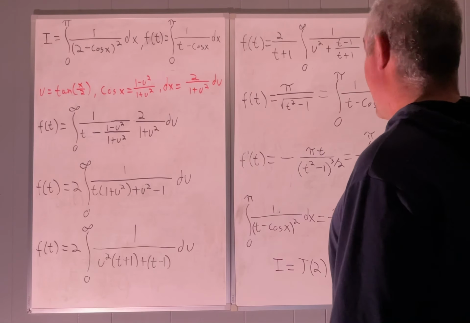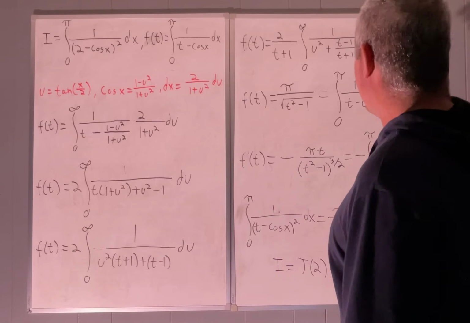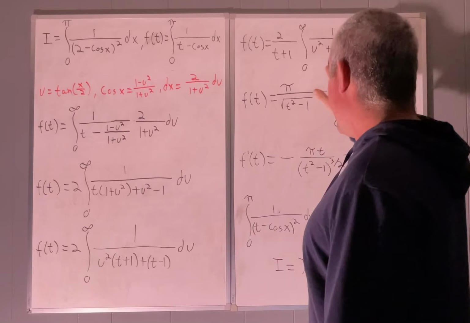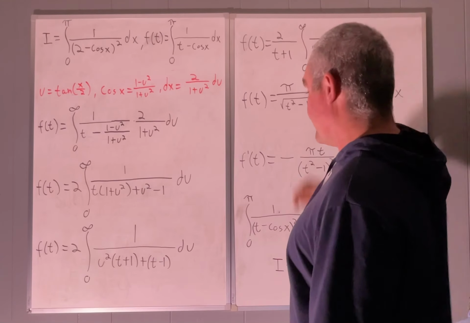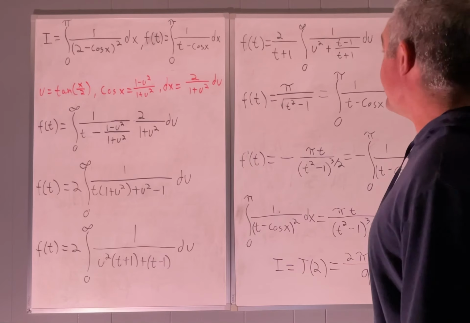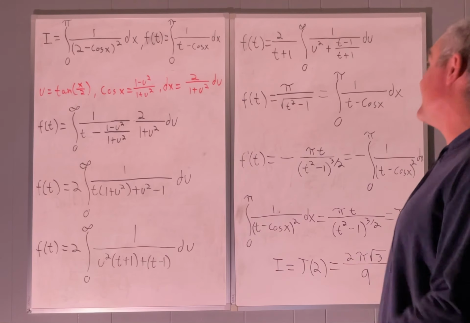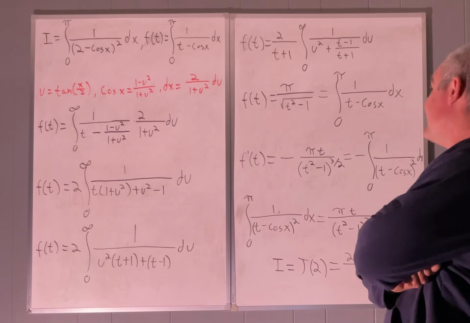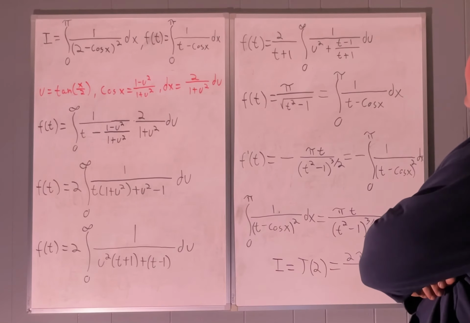Then simply factoring out a 1 over (t plus 1) will give you that f of t is equal to 2 over (t plus 1) times the integral from 0 to infinity of 1 over (u squared plus (t minus 1) over (t plus 1)) du.